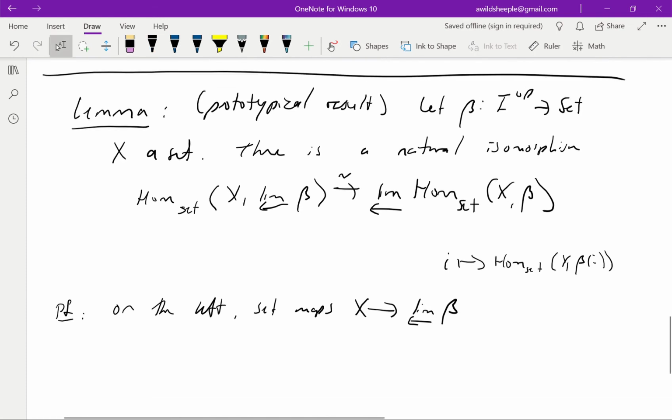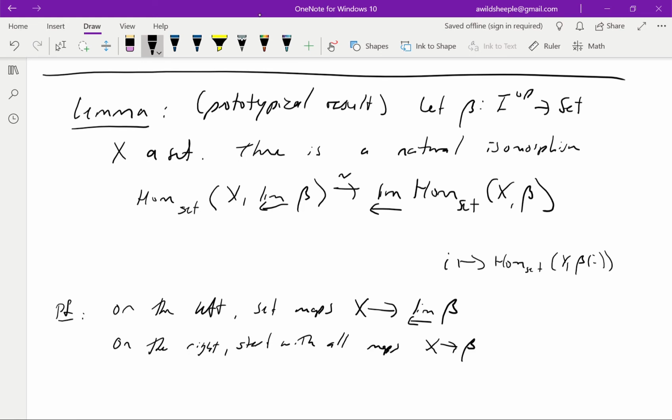And on the right, well, we start with all the maps, and we're going to take the product over these and then impose on them the constraints from I. And the definition that we just wrote above tells us that this is fine and that we're going to obtain the same objects either way.